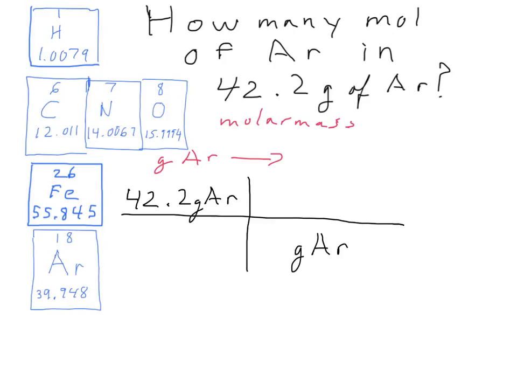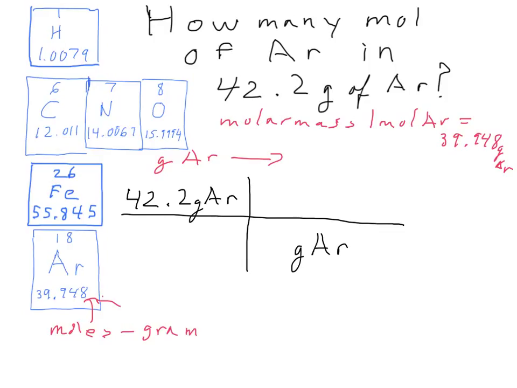If we go to the periodic table and locate argon, number 18, we see that 1 mole of argon has a mass of 39.948 grams. That is our conversion factor. What the periodic table tells us is our conversion factor between moles and grams.